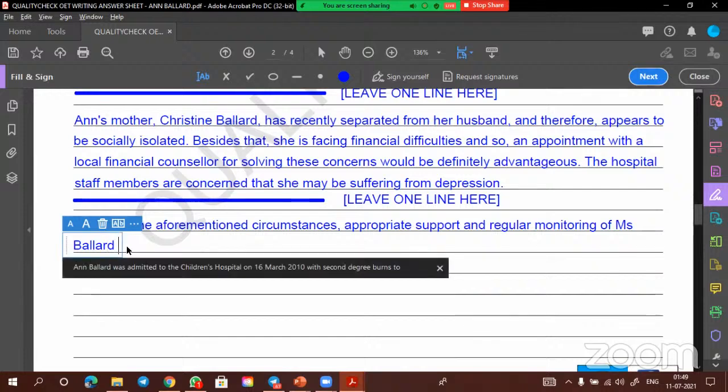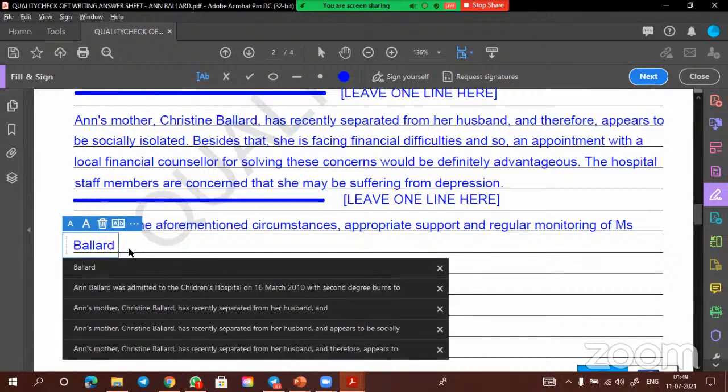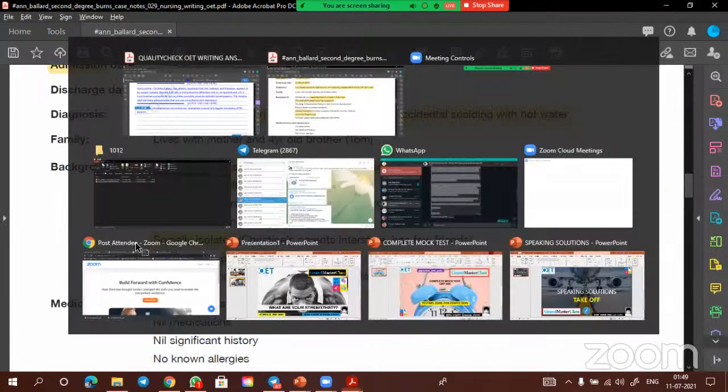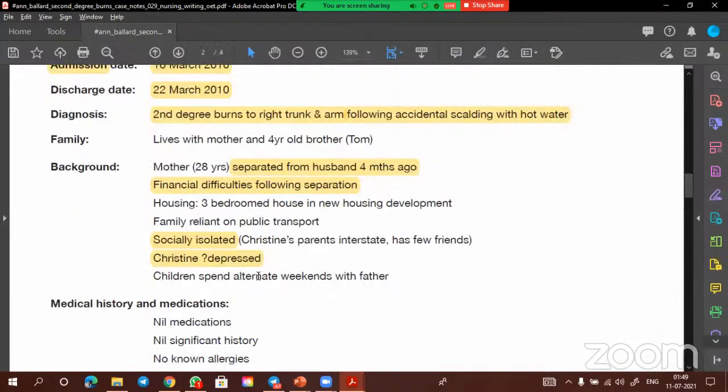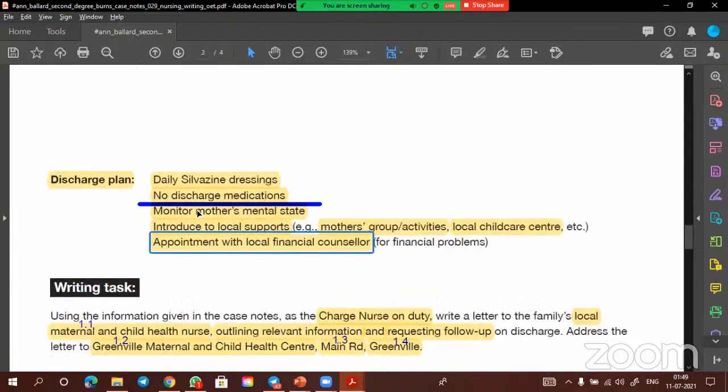Appropriate support and regular monitoring of Miss Ballard's... what is it to be monitored regularly? Regular monitoring of Miss Ballard's mental state.